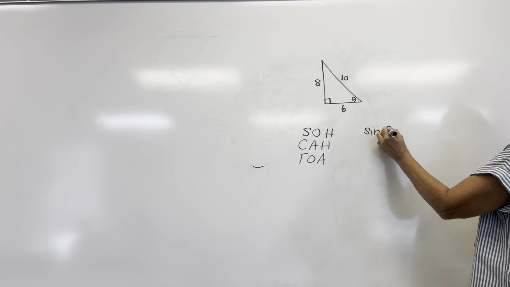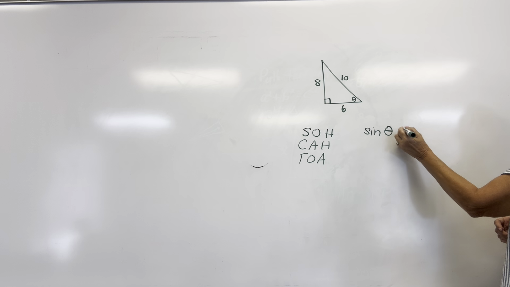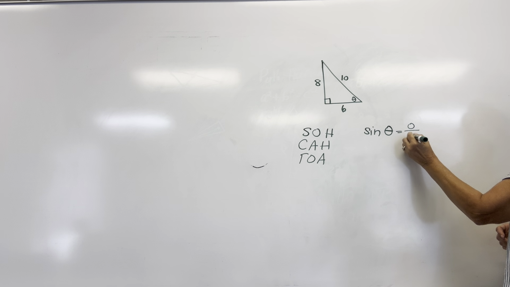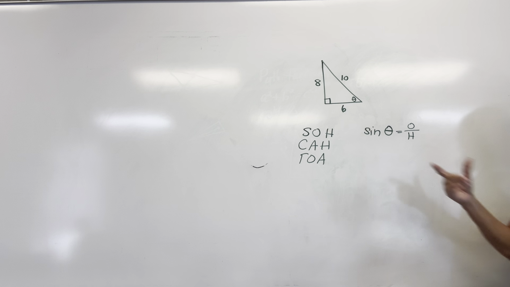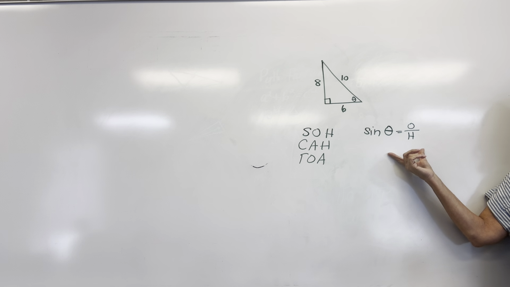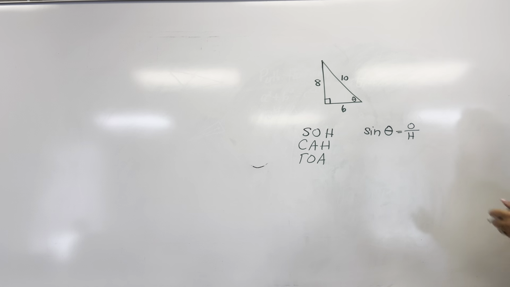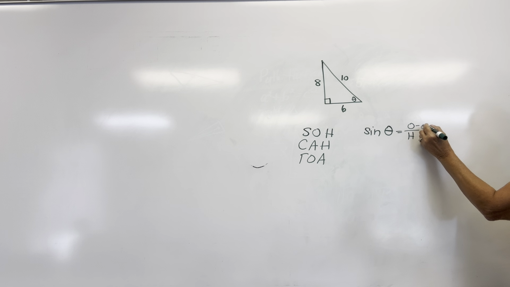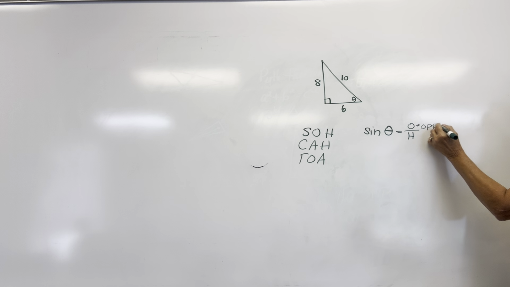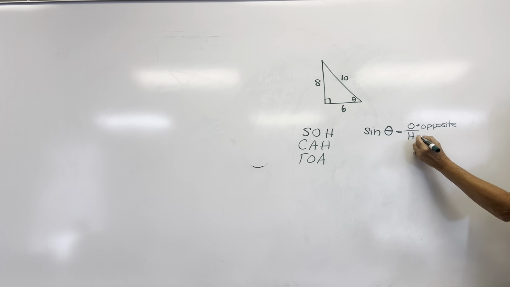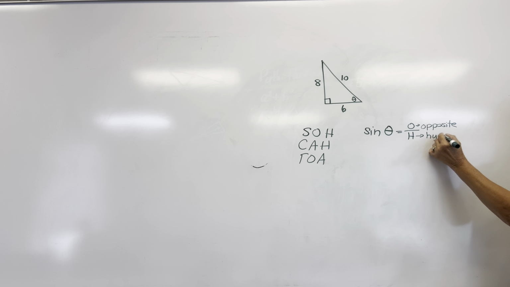The sine of an angle equals O over H. O represents opposite. H represents the hypotenuse.